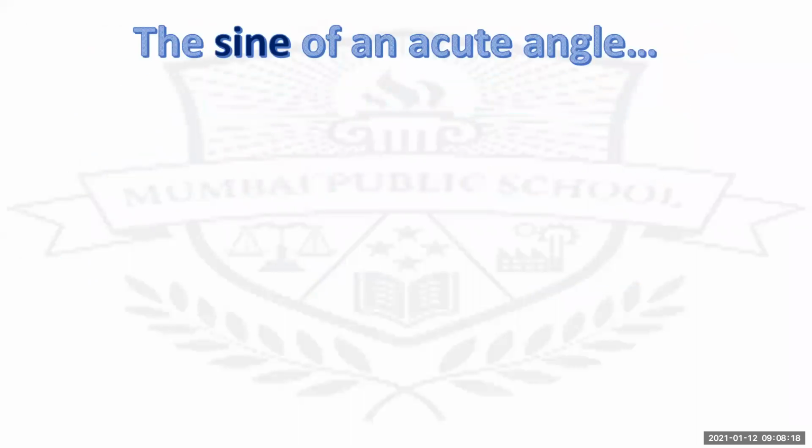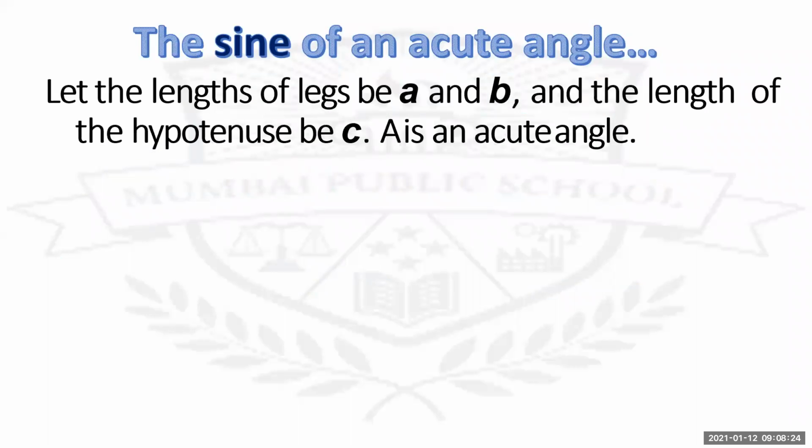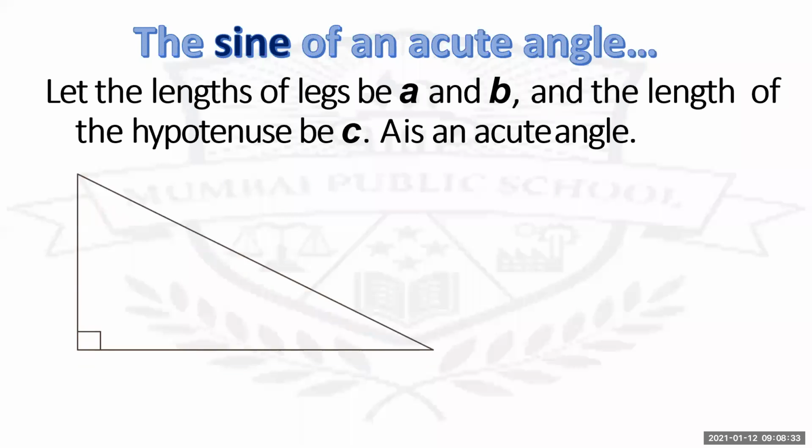The ratio for the sine of an acute angle, how it is given, we'll study that. Let the lengths of the legs be A and B, and the length of the hypotenuse be C. Angle A is an acute angle. So if we're considering this right angle triangle, angle A is an acute angle. The lengths of the sides are given as B, C, and A. Now, if you consider A as the acute angle, I've shown an arrow.